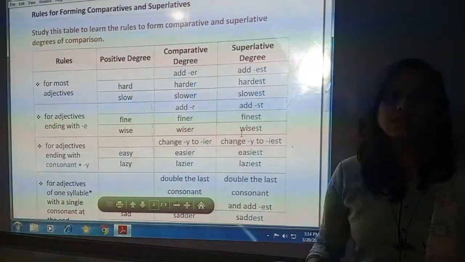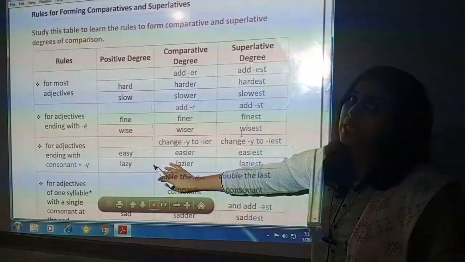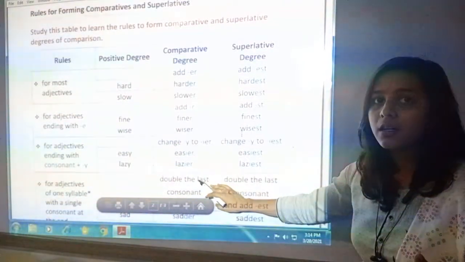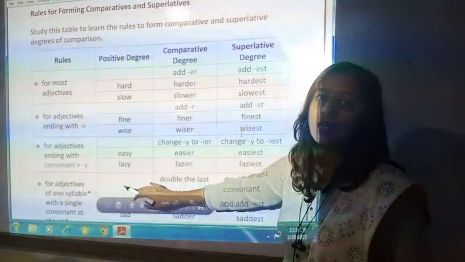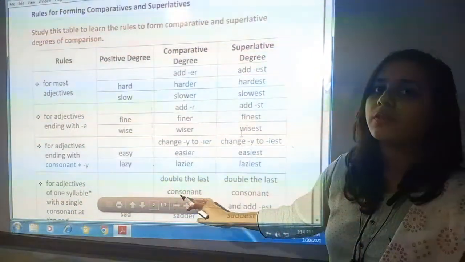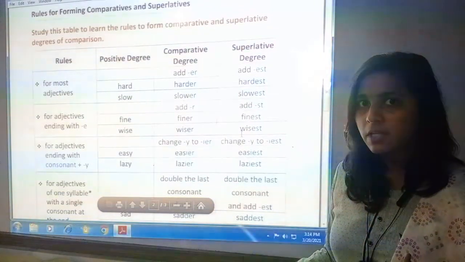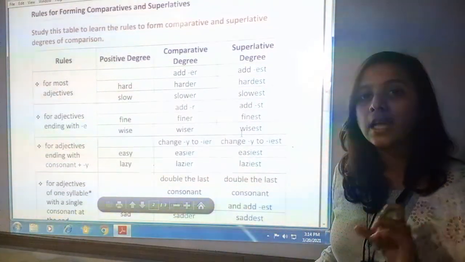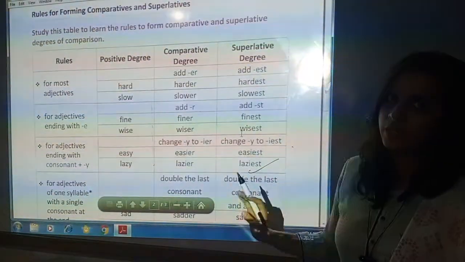That means the most easy one. Lazy will become lazier and laziest. LAZY, in that Y will be removed and it will become LAZIER in comparative degree, LAZIEST in superlative degree. Clear?